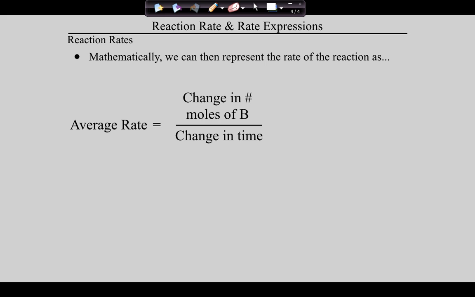So we're going to talk about average rates. Notice what we're going to do. Average rate, the rate of a reaction, is going to be given by the change in the number of moles of B divided by a change in time. Now guys, which is B, the reactant or the product?